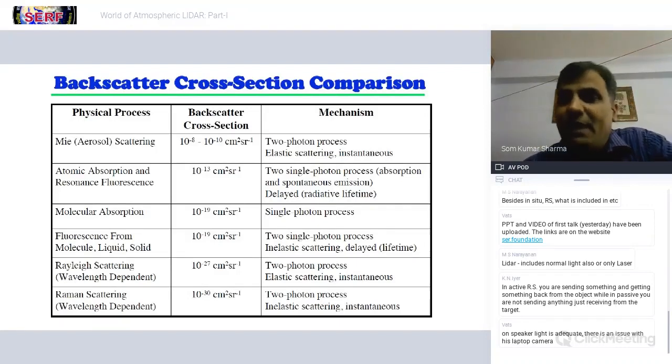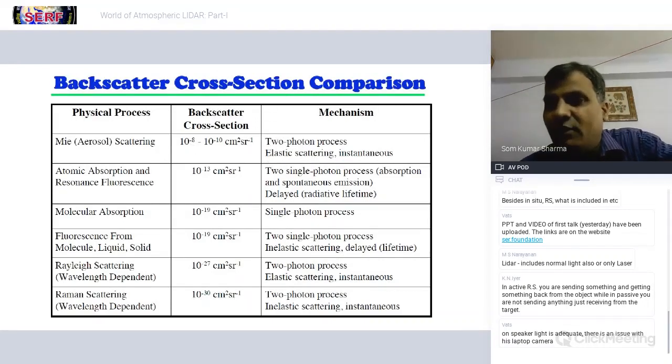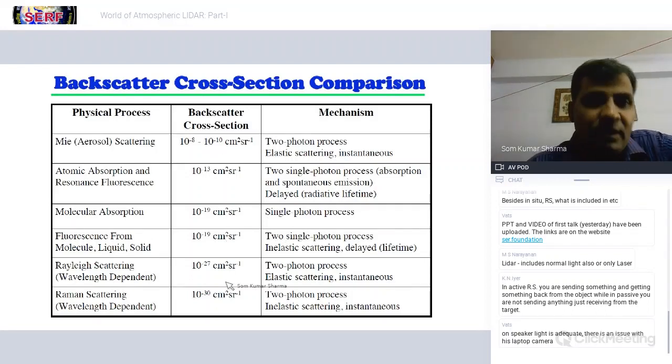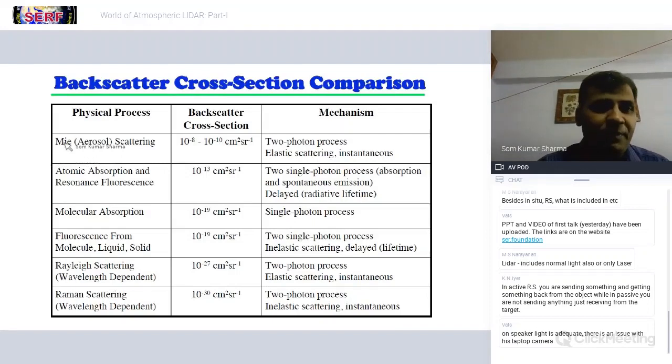That depends upon various factors, and one most important factor is the backscatter cross section of the species, whether it is nitrogen or oxygen or aerosol or dust particle or soot or cloud droplets, whatever it is. So here, if you see the Mie scattering which takes place from aerosol, the scattering cross section is of the order of 10 to the power minus 8 to 10 to the power minus 19 centimeter square per steradian.